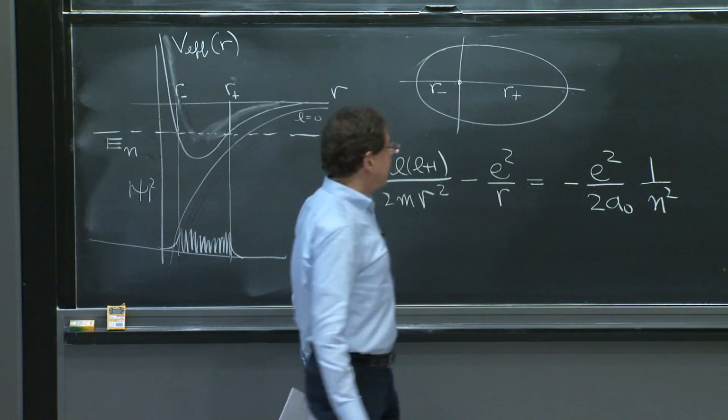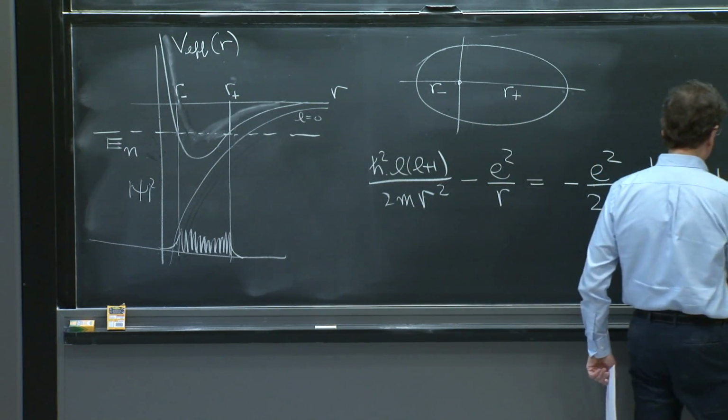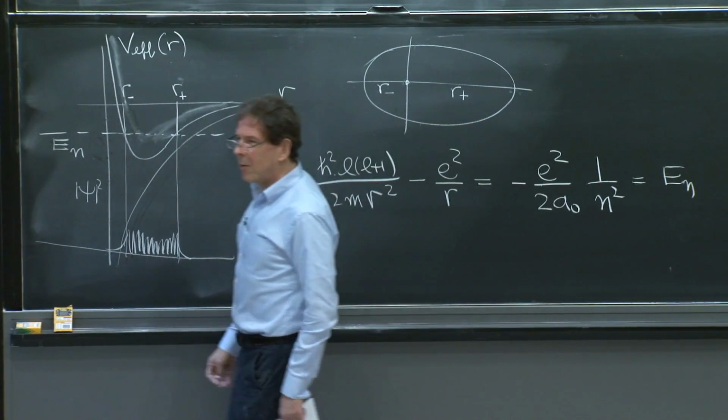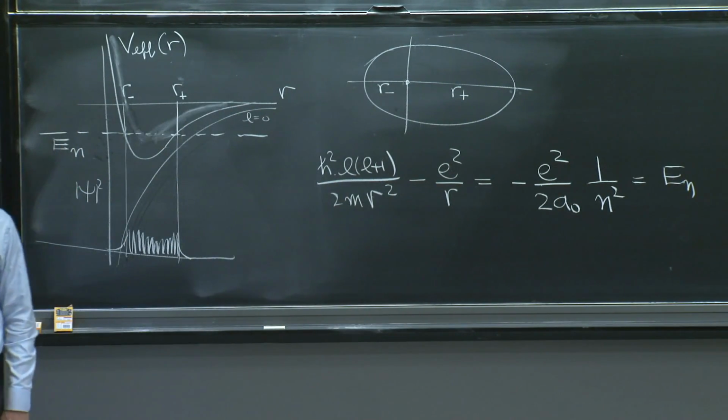That's the value of the energy En. And the solutions of this quadratic equation are going to give us the R plus and the R minus of the orbit.